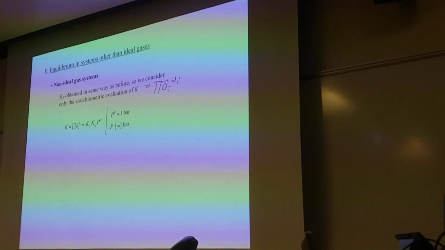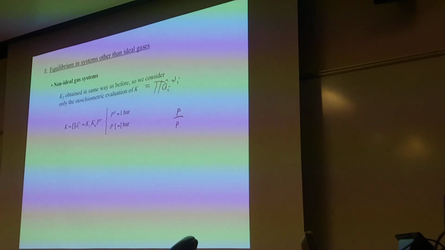But here it looks like I've got pressure involved, but that's really a disguise, because what should be here is P over P0. And P0, remember, I've set as a standard state pressure of 1 bar. And that means that P itself must be expressed in bars. That's an important point. So this is, in fact, dimensionless. We haven't really changed anything.